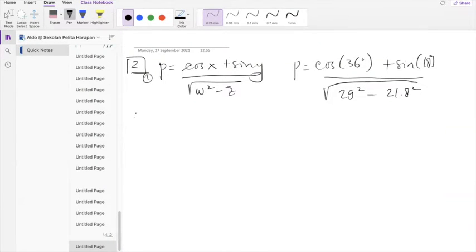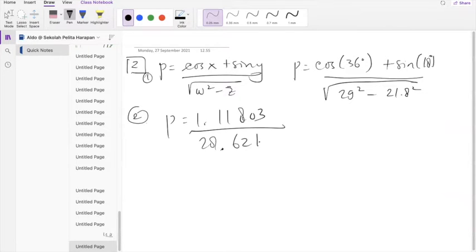So basically we have the result of this is 1.11803 over the result of this, 28.6217.